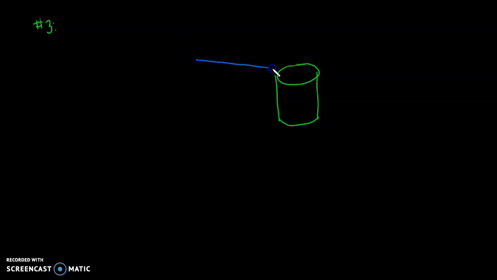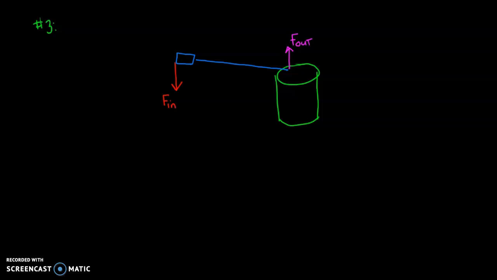We have a screwdriver. All right, so we're pushing down. Our input force is at this point on the screwdriver. Our output force is over on this end trying to pry the lid up.